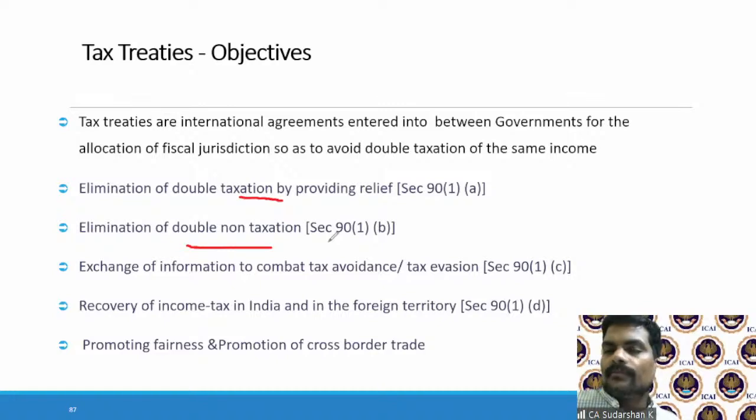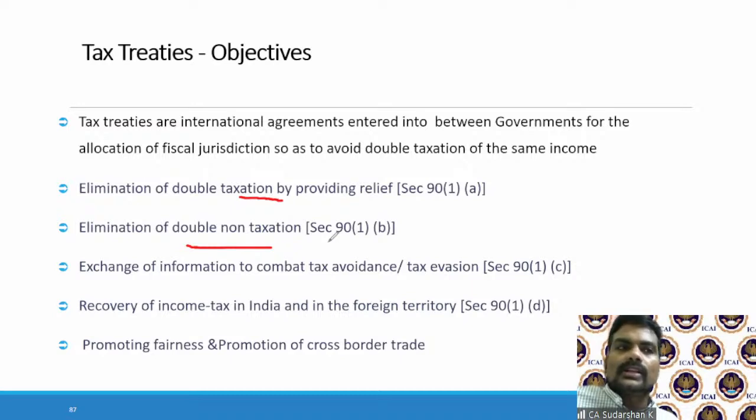So therefore, the G20 countries came together and started a project called BEPS, Base Erosion and Profit Shifting. It's called the OECD G20. OECD was asked to come out with measures to counteract tax avoidance.